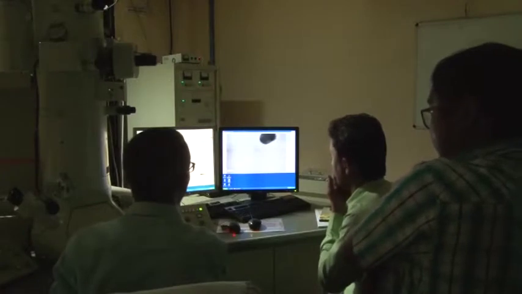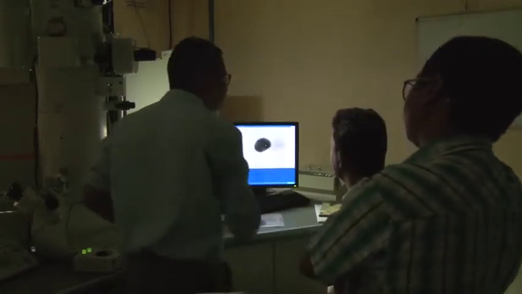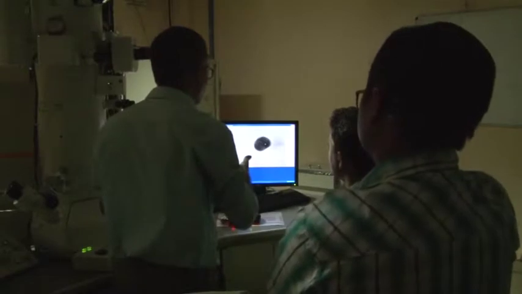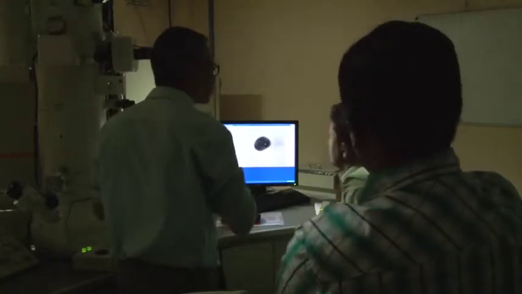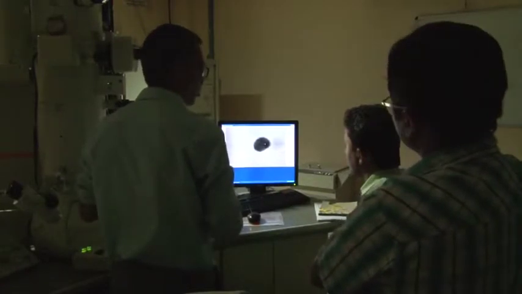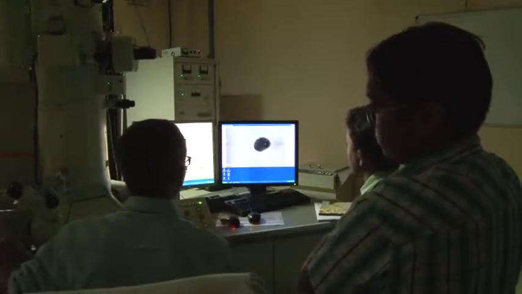Whenever we acquire images, we should acquire them slightly under focus, so they look with a better contrast than when acquired with over focus, because with over focus they look dark, there is a dark fringe.